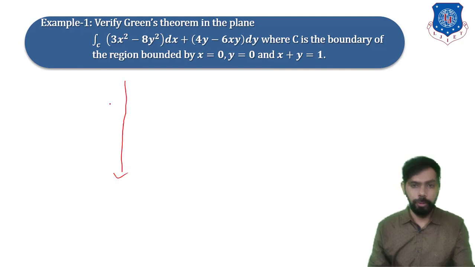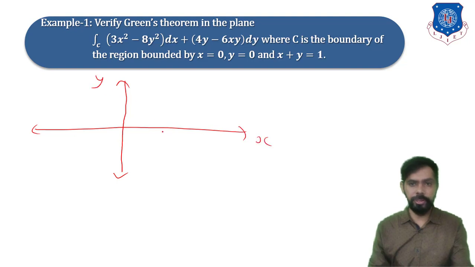So here this is x-axis and this is y-axis. So x-axis represents y equal to 0 line and y-axis represents x equal to 0 line, and this is origin 0, 0. Now we have to draw this line, that is x plus y is equal to 1.